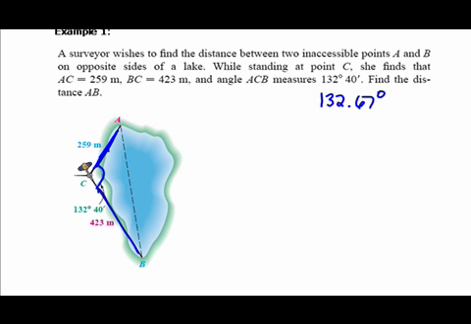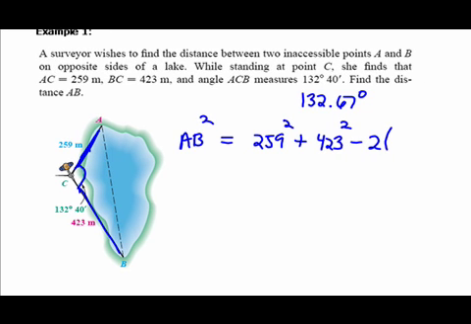So AB squared, the side that we're looking for, using law of cosines, is equal to what? Well, the other side squared, 259 squared, plus the other side squared, 423 squared, minus 2 times each known side.